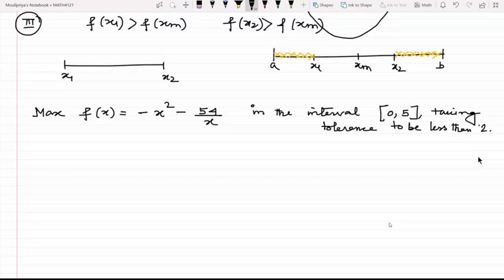Okay. This is what you need to do. You need to minimize this using the interval halving method.